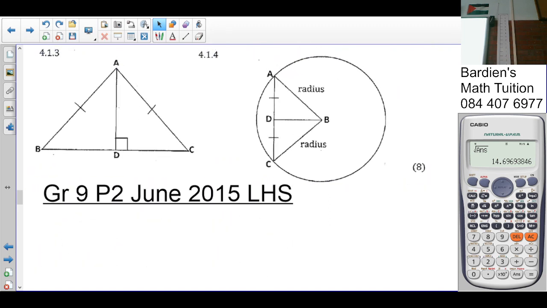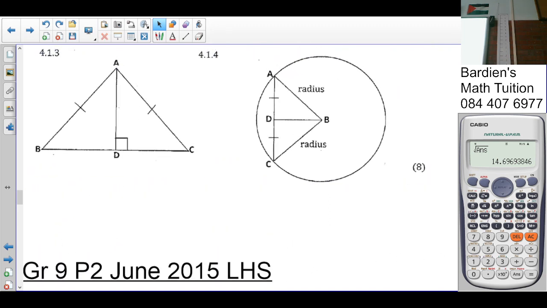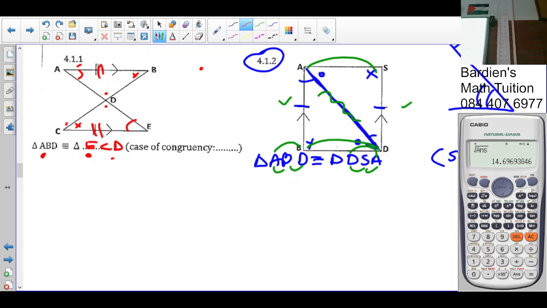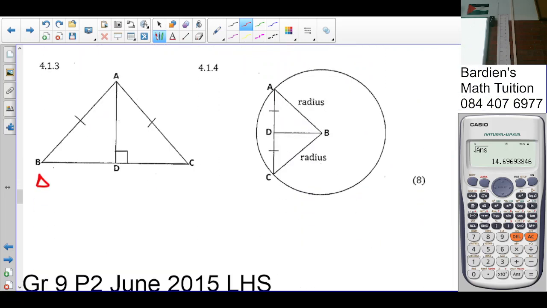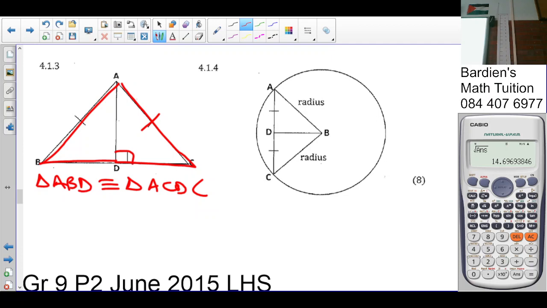Right, so this is triangle ABD. ABD is congruent to triangle ACD. Why? You use the hypotenuse and the 90. Can you see that? Yes. So that is RHS.